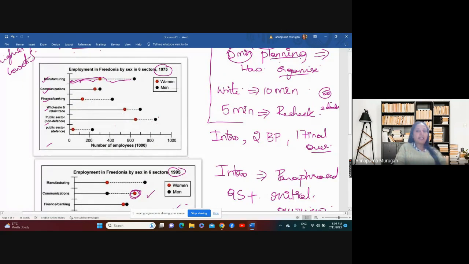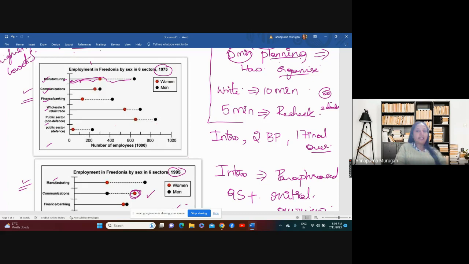Don't worry, you can present one graph in one part and the other graph in another part. Or you can pick up the fields and compare. If you find it difficult, in one paragraph talk about manufacturing, communications and finance and banking. In another paragraph, talk about the public sector, public sector defense and non-defensive sector.